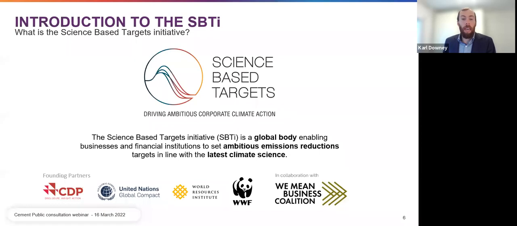And what we do is we aim to encourage companies to take ambitious climate action by setting meaningful climate targets that are aligned with the latest science. And the way we do this is by developing resources that help companies understand the level of ambition needed for their particular case, and also by validating company targets.